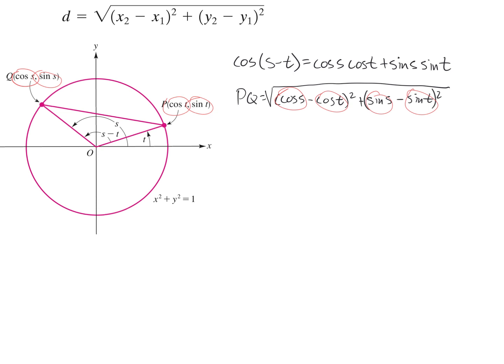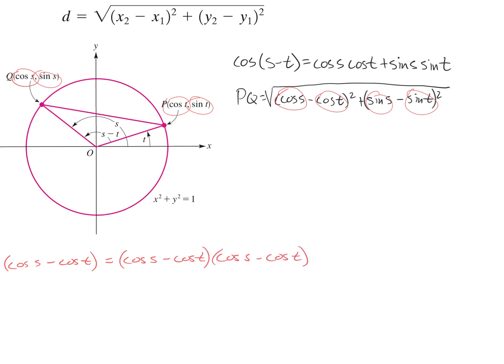Now, if I were to actually multiply this out, which I actually need to, I'll do it down here. We have cosine s minus cosine t, and that whole thing has to be squared. So that's equal to cosine s minus cosine t times cosine s minus cosine t.